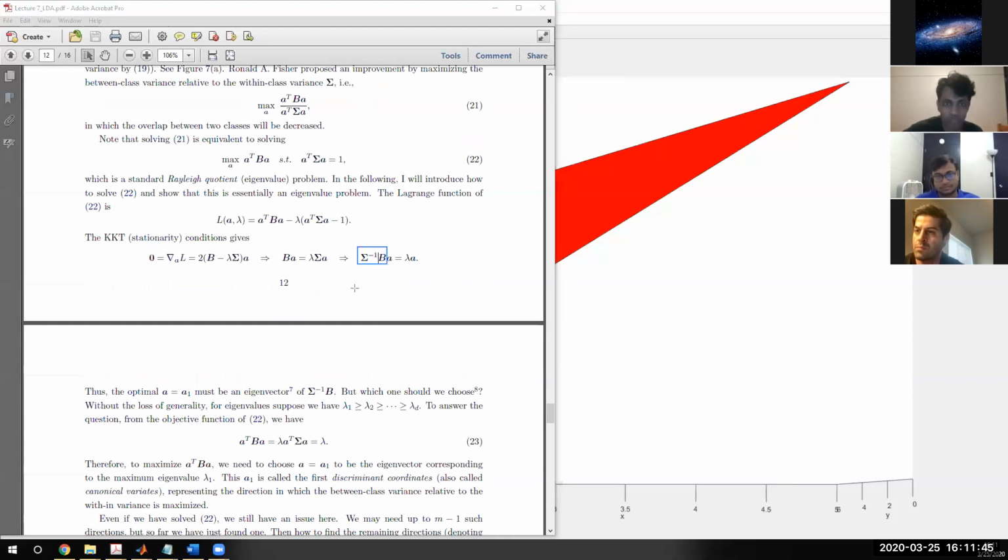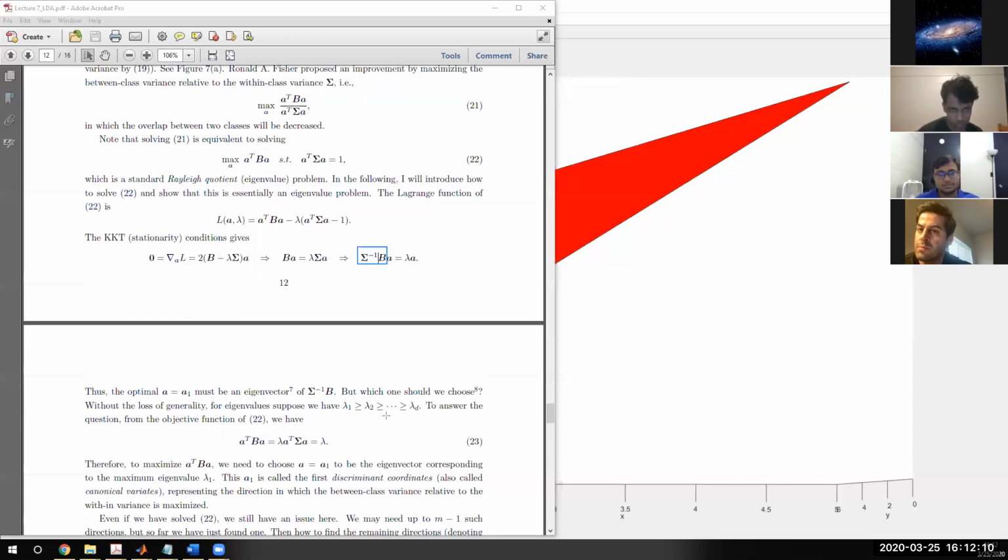Suppose it's full rank, then how many eigenvalues do I have? I have D eigenvalues. Which one should I choose? Again, KKT is a necessary condition. It just tells you that if, for example, A star, I use A1 here, if A1 is the optimal solution, then A1 must be an eigenvector. Of course, that's correct. But which one, right? We want to find exactly which one.